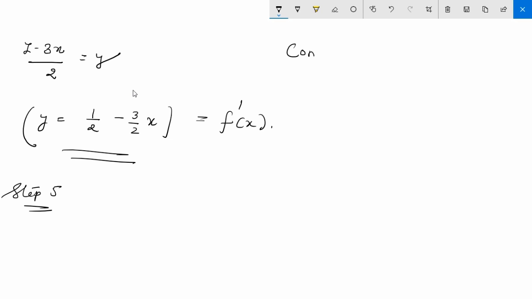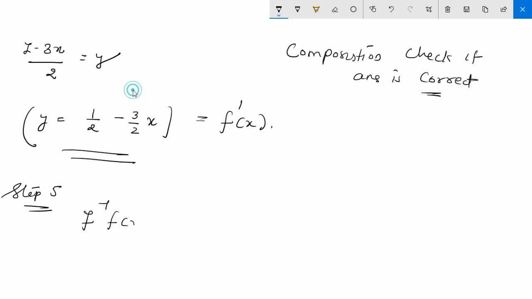Now by using composition, I can check if my answer is correct. One way to do that is to check that f inverse of f of x is equal to x, and also f of f inverse of x is equal to x.